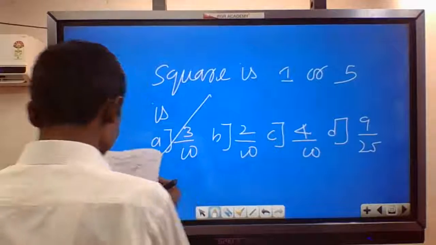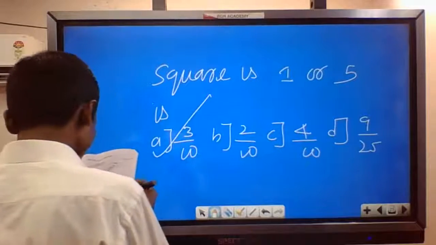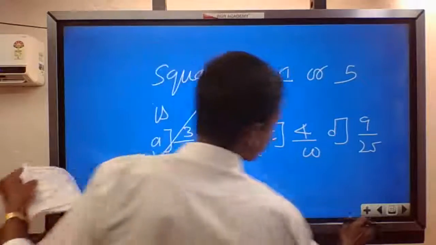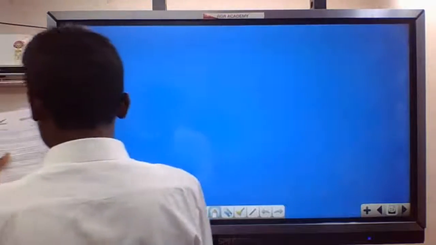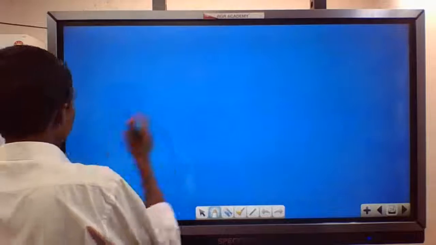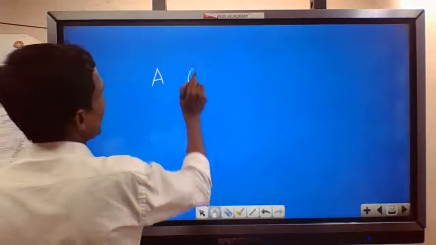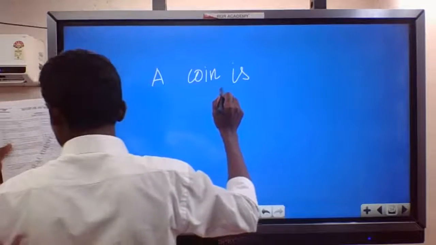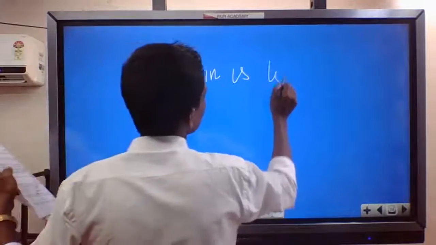The next problem, 71. A coin is tossed 2n times.